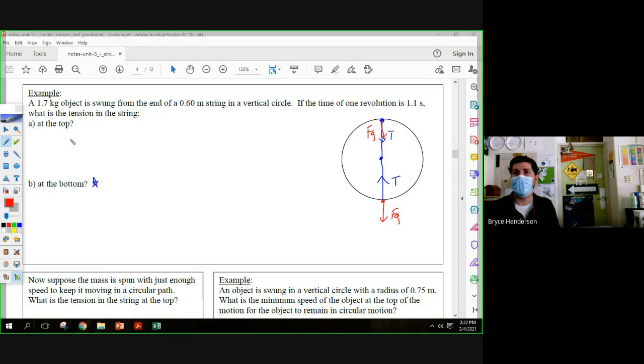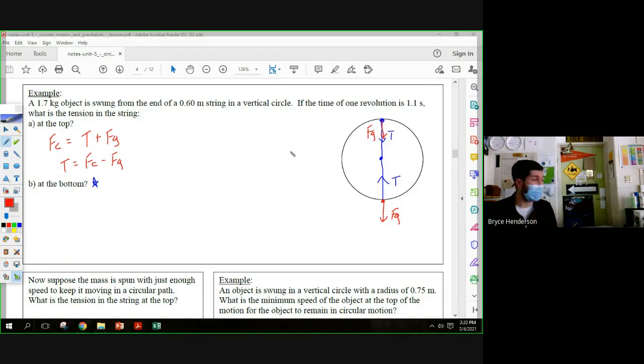At the top, we would have centripetal force equals tension plus Fg, which means that the tension is equal to centripetal force minus Fg. So if I just subtract Fg across and rewrite my equation, my tension will be found by doing the centripetal force minus Fg.